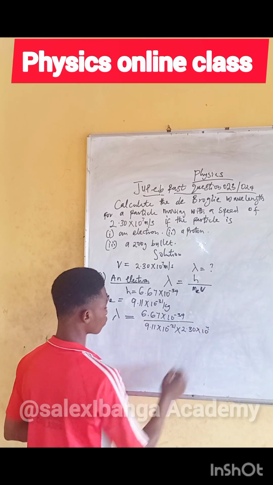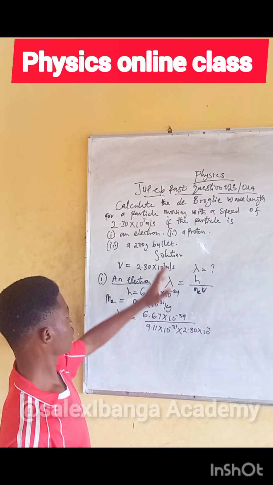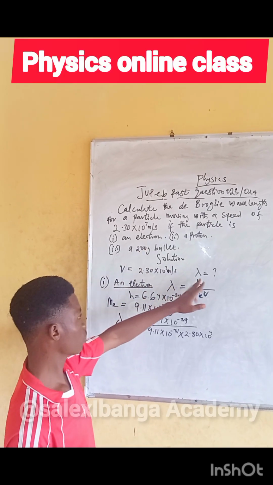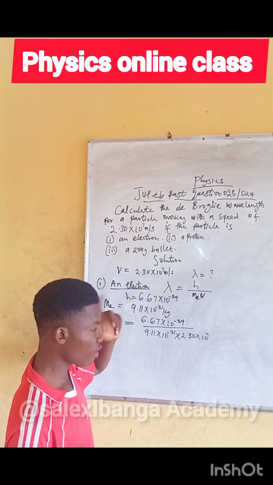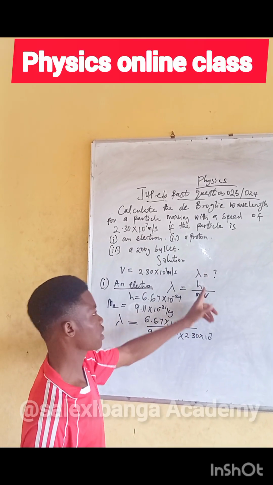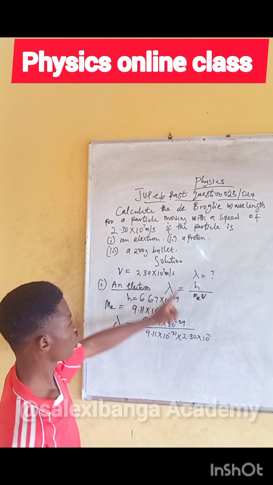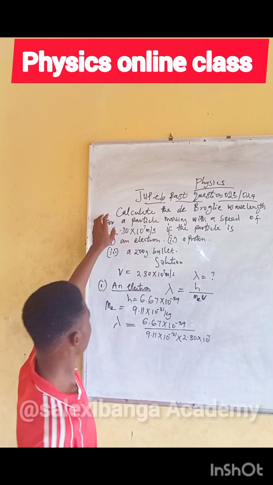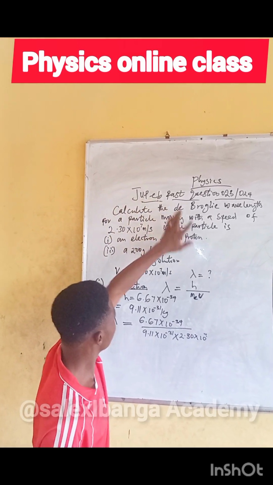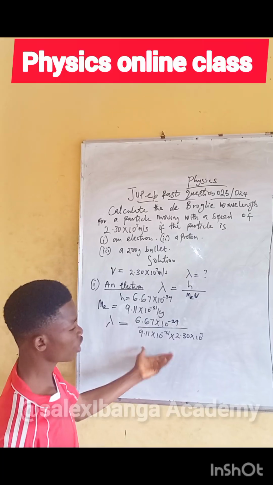So my people, once such a question is given to you, you need to recall all this. Recall that h is constant. You need to have at the back of your mind that it is always constant. The mass of an electron, because here electrons is mentioned, that means you use the mass of an electron. Because the question says calculate the de Broglie wavelength in terms of an electron.